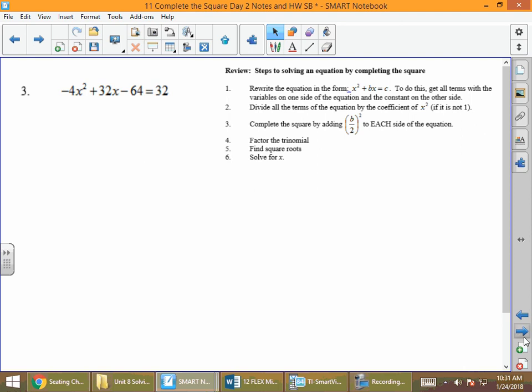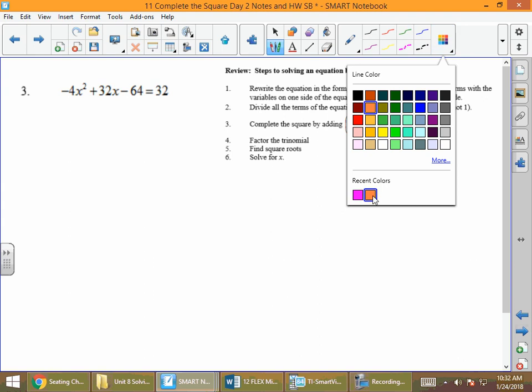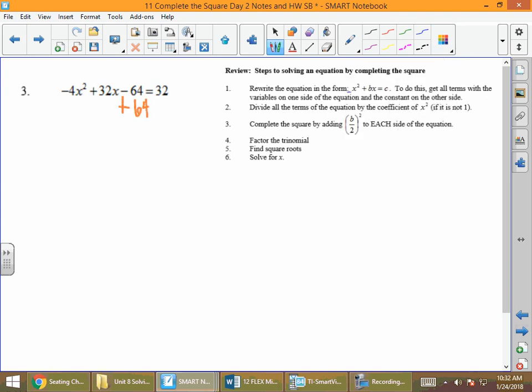But if I follow the steps exactly on here, the first step says rewrite the equation so that we have the variables on one side and the constants on the other. So in this particular case, what needs to happen is we need to add the 64 to both sides. We have negative 4x squared plus 32x.